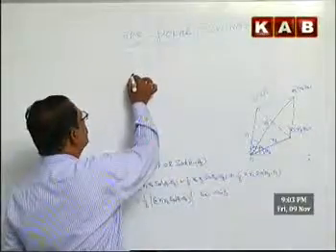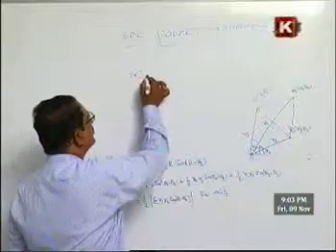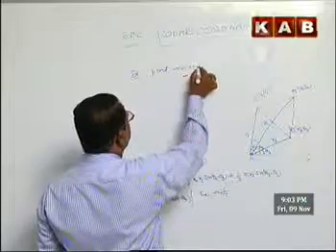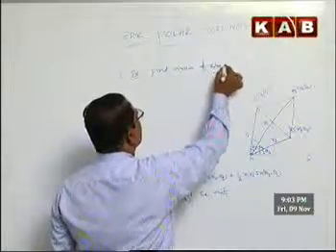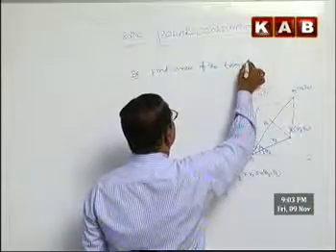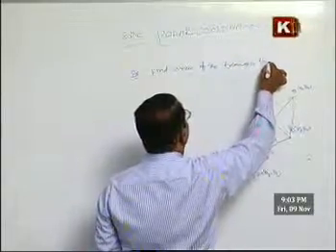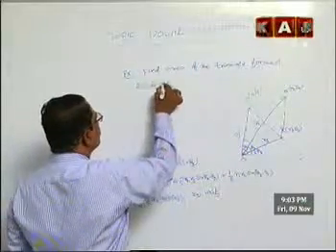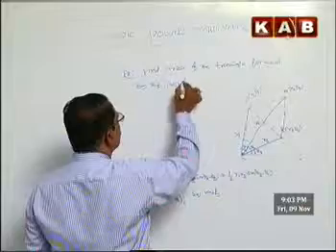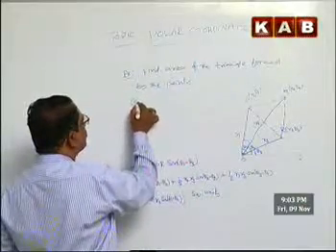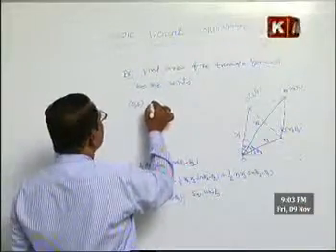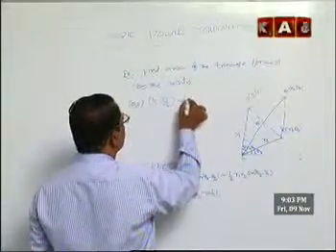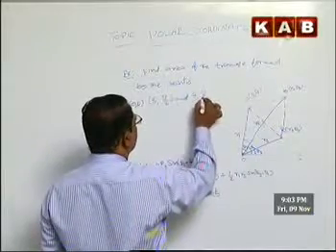Example: find the area of the triangle formed by the points (0, 0), (5, pi by 2) and (7, pi by 3).